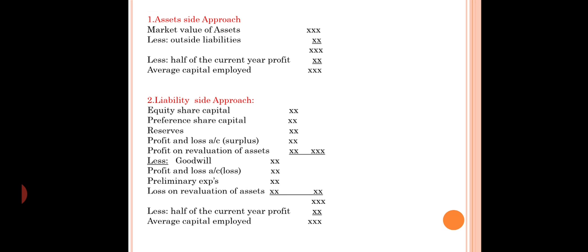Then less goodwill, the debit balance of the profit and loss account, and preliminary expenses. In case of any loss on revaluation of assets, you have to deduct it. Then half of the current year profit is to be deducted, and then you will get the average capital employed. Either you go through the asset side approach or the liability side approach. You have to choose any one method.